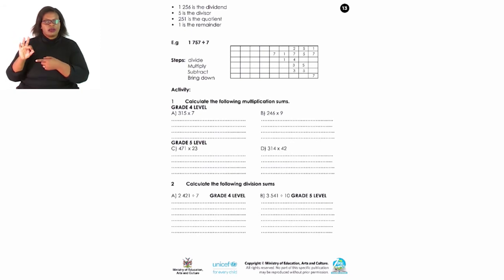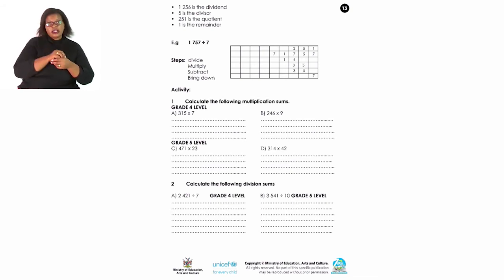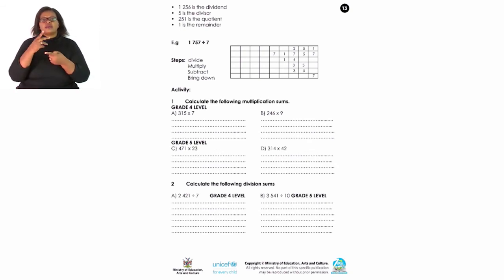Please, boys and girls, work it out step by step. The grade 5 learners, please work out the following. 471 times 23. D, 314 times 42. Those are 2 digits.